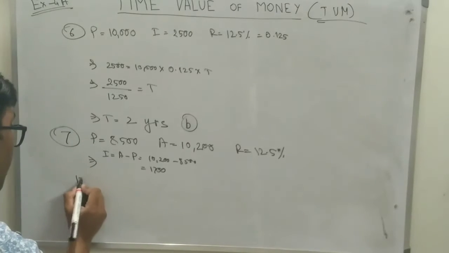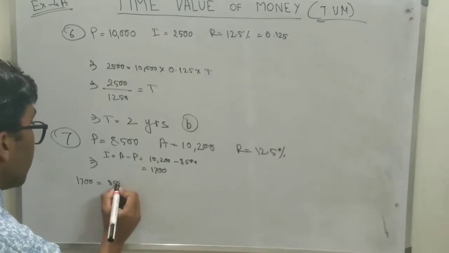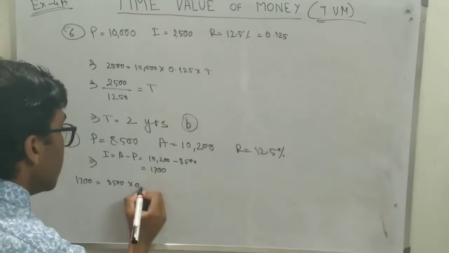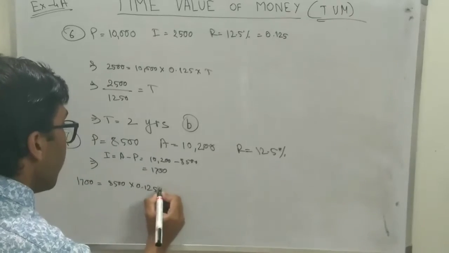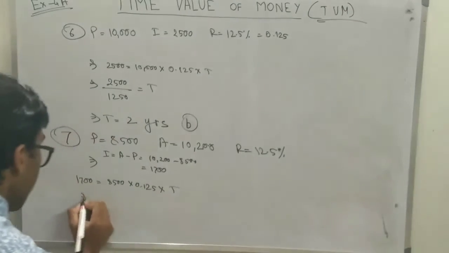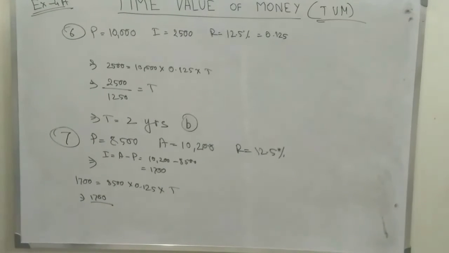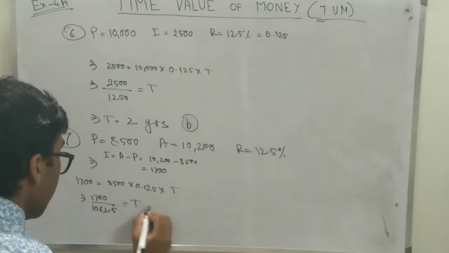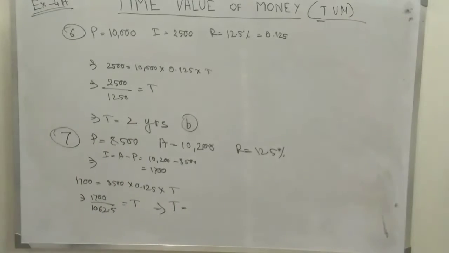That means as per the formula, 1,700 is equal to 8,500 into 0.125 into t. That means 1700 divided by 1062.5 is equal to t, then the value of t is 1700 divided by 1062.5, that means 1.6.